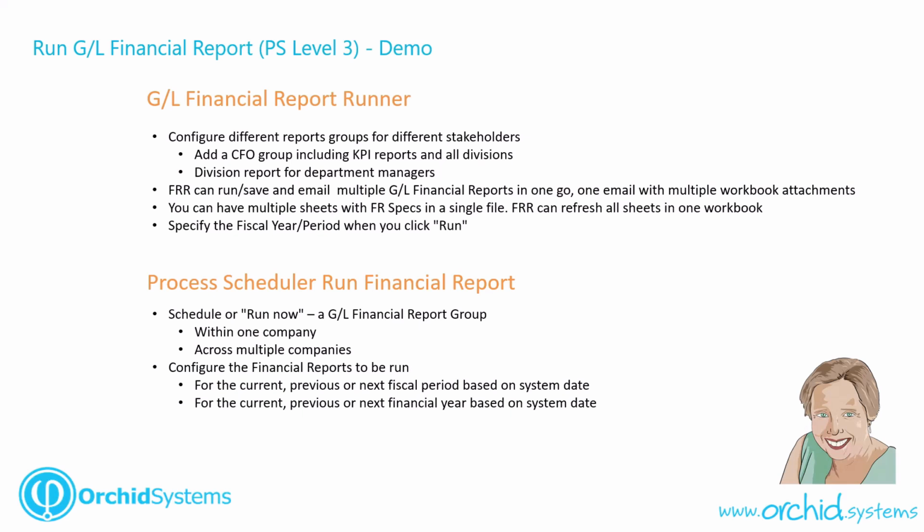And you can do the same with the financial year: current, previous, or next financial year. But what we've added now is the ability to run for a specific fiscal year and period. So let's go and have a look at Financial Report Runner and the Process Scheduler action to run a financial report group.